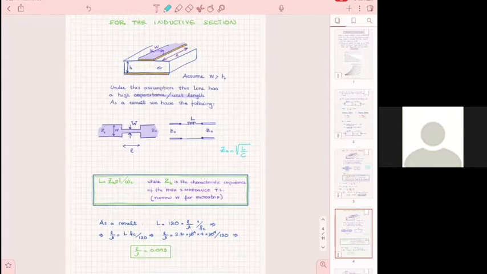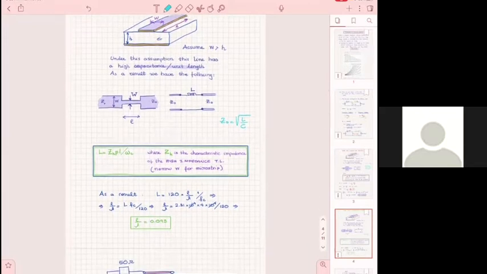So to materialize my inductor, I need a high impedance section, because if I use a high impedance section here, it's going to give me the lowest possible length of line. And I need very low lengths of line because this is the condition under which I got the simplified expressions.